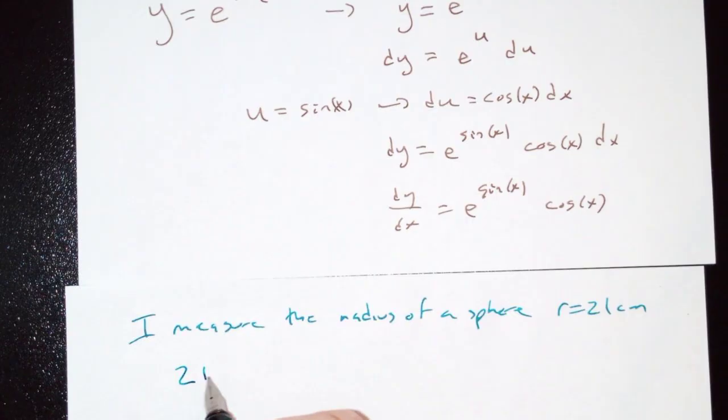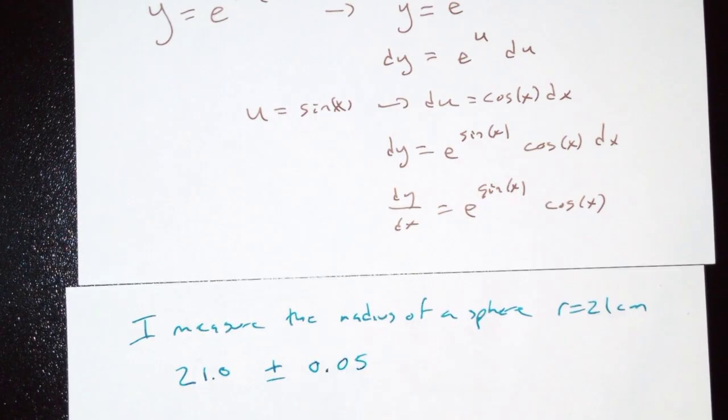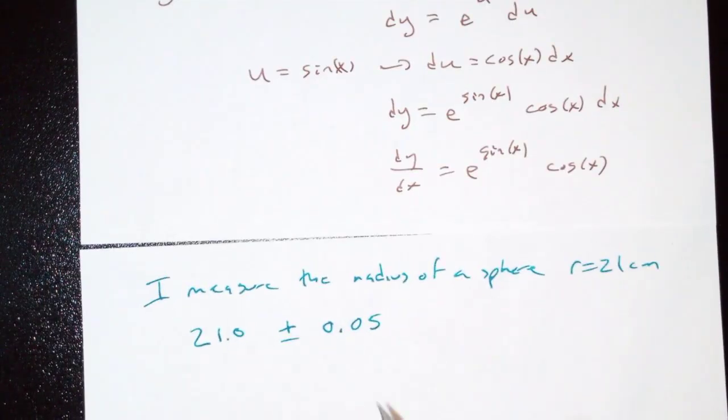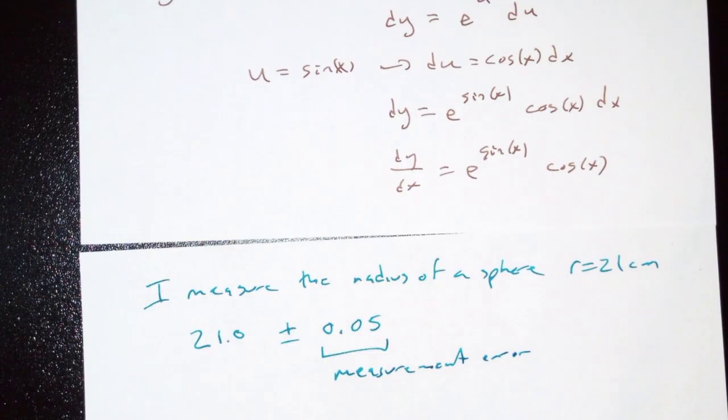Really, if I write 21.0, then I've got a give or take of 0.05, because I'm rounding to the nearest millimeter. This is the error in my measurement. But now I ask you, what's the volume of this sphere?